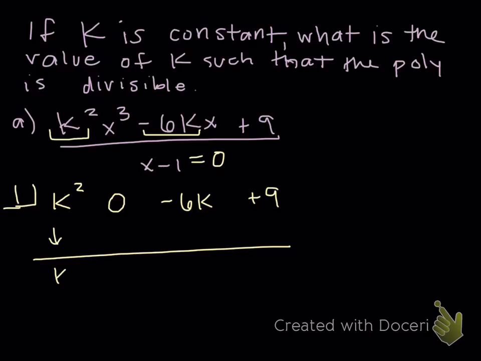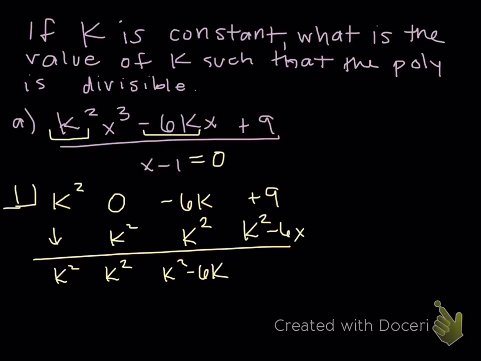So I drop my first term, and I multiply, and that's where the k squared comes from. I add straight down, and I get k squared. 1 times k squared is k squared. Add straight down, I get k squared minus 6k. Multiply, I get k squared minus 6k.